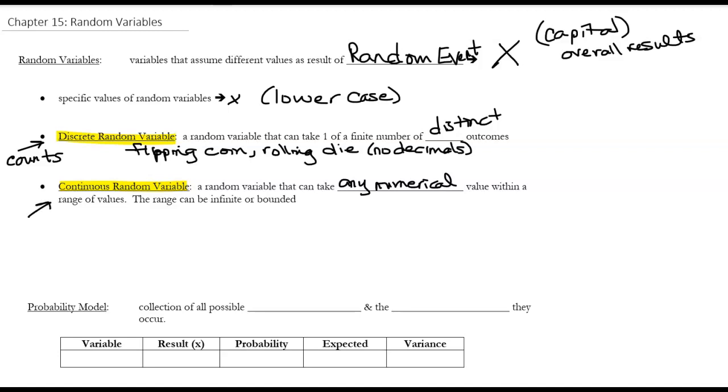These are usually going to be measures, things like height, time, length, things like that that you can measure. For discrete versus continuous, sometimes you might just have to identify which it is. So remember, discrete is no decimals and it's counts. Continuous is when you have a decimal and it's something like a measurement.